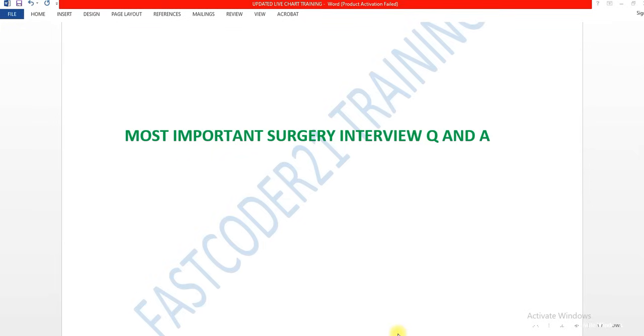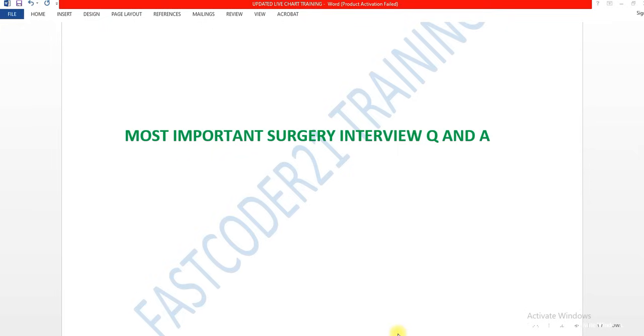So basically, a modifier consists of two characters, like an alpha character and a numeric character, which will provide additional information about the CPT code. It will not change the CPT code description, but it will provide more information related to that CPT. Then you need to tell a few examples related to those modifiers.